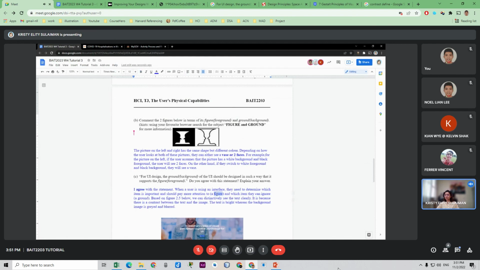So in this case, it is the foreground, correct? And which item they can ignore, which is the background. Okay.